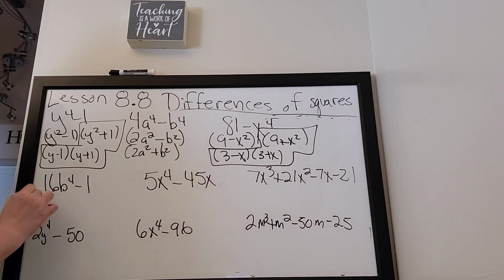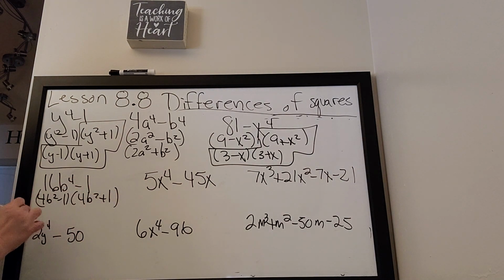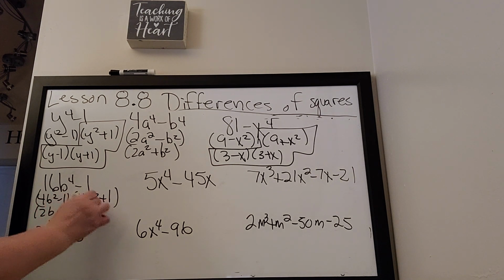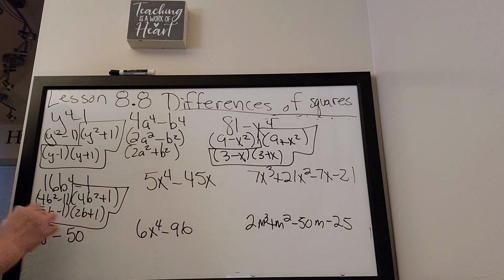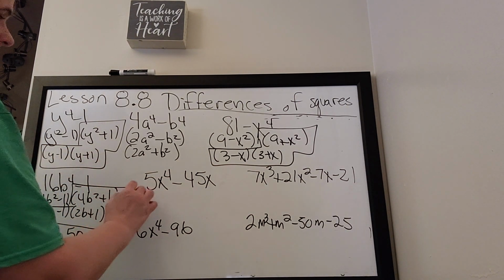This one is 4b squared minus 1, 4b squared plus 1. This can be broken down again, 2b minus 1, 2b plus 1, and include this one as well. Here we have to factor out a 5 first, 5x.